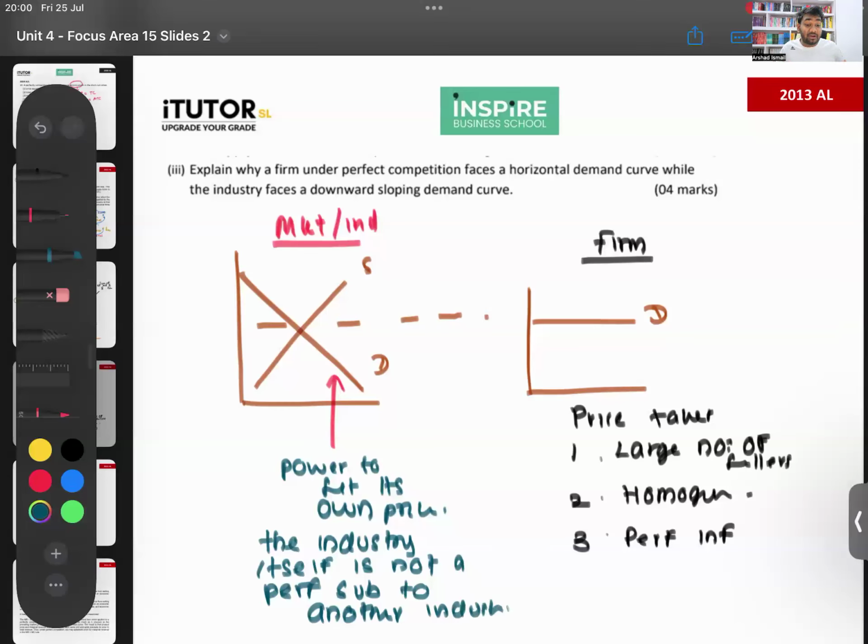The industry can decide. One paddy farmer can't do anything, because there are a large number of farmers and you're just one person.